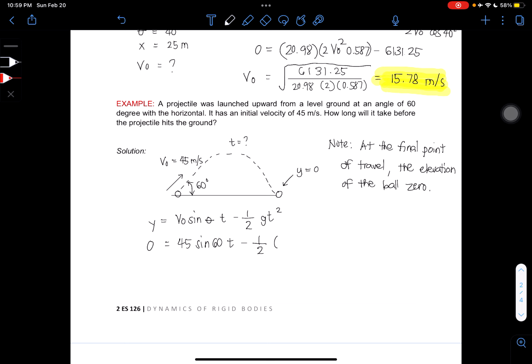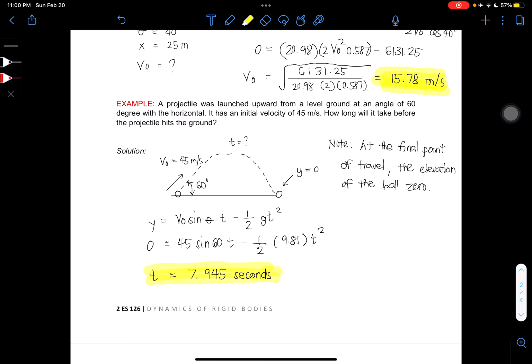Our gravity, since gihatag meter per second, so therefore 9.81. Our unknown is the time. So solving for time, calculator, our answer will be 7.945 seconds. So this is the final answer for our problem number 2.